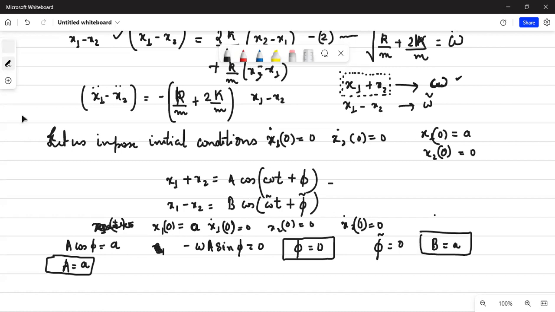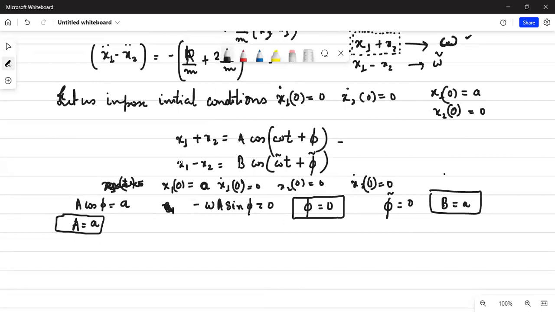If I get both of these things in place, I'll simply get that x1 would be equal to a upon 2 cos omega t plus a upon 2 cos omega tilde t, because I add both of them.